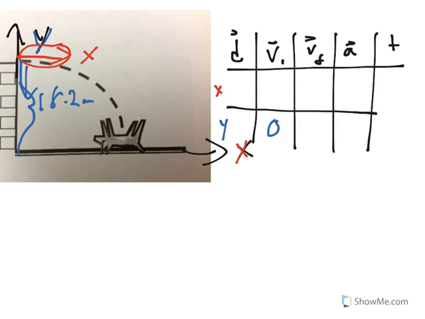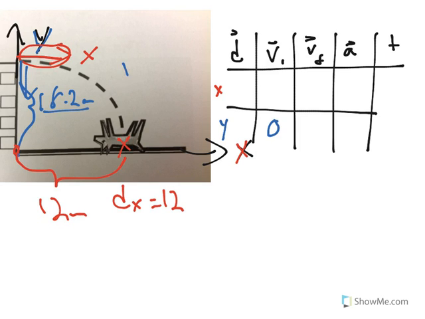If it lands 12 meters from the base, well, here's its landing, and here's the base. That means that this displacement must be 12 meters. Now, this is displacement in the x direction, so this is dx is equal to 12. And this is displacement in the y direction here.